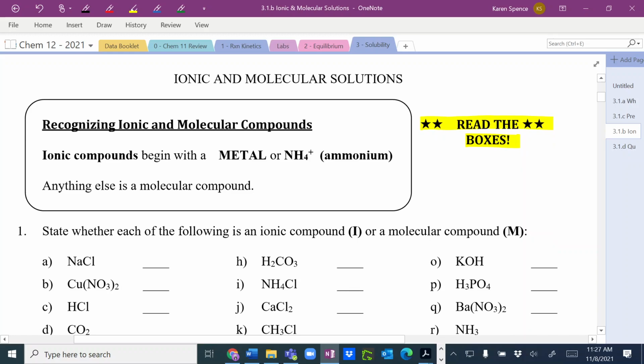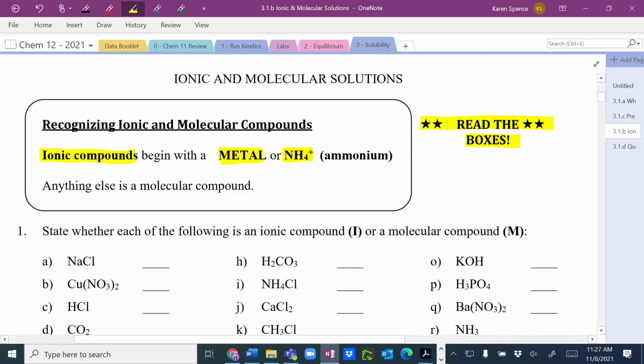Recognizing ionic and molecular compounds. Ionic compounds begin with a metal or with NH4. Anything else is molecular. Yes? We're not going to take time to do the exercise right now. We're just going to go through the rules to make sure that you feel okay about them.